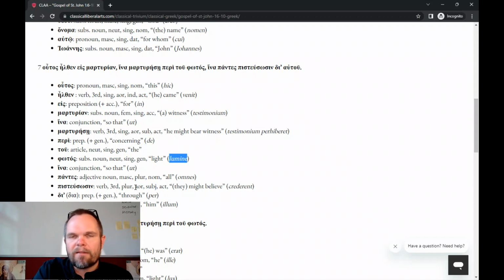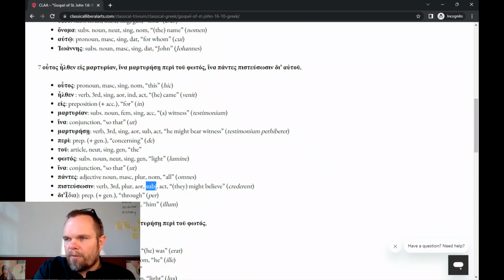It's aorist in tense, so it's indefinite in tense. And notice again, it's subjunctive in mood, so it's not an indicative statement. It's subjunctive. So that all men might believe. Pisteuo means I believe. Pisteusosin means they might believe.